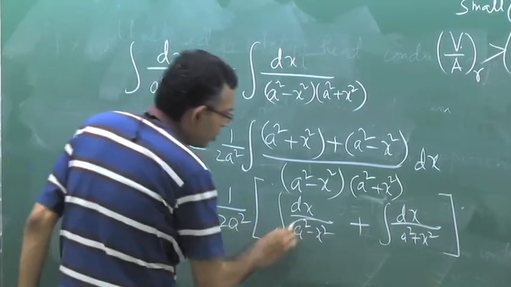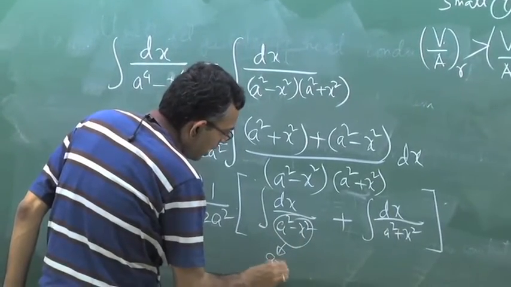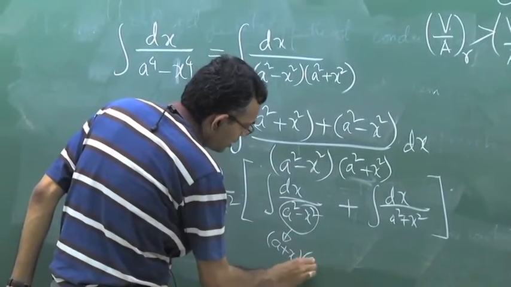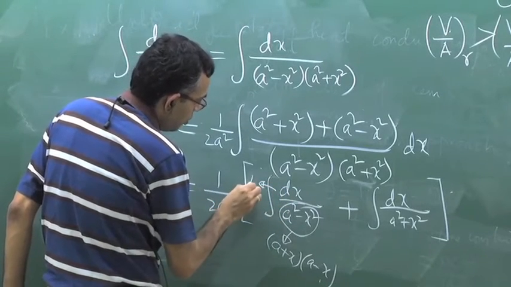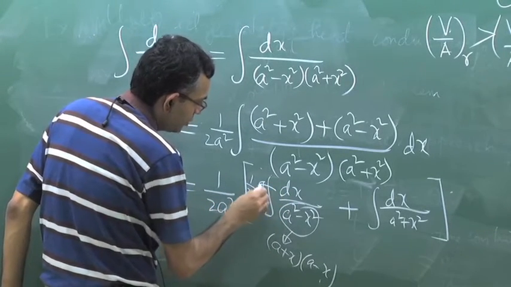Again for this term you can write a plus x into a minus x, and in the numerator 1 by 2a.